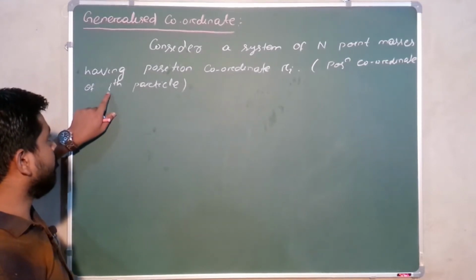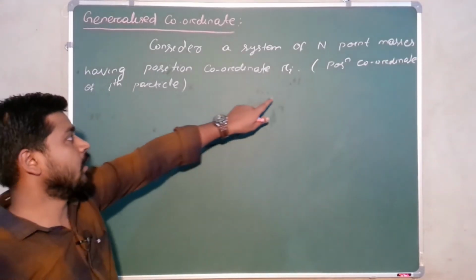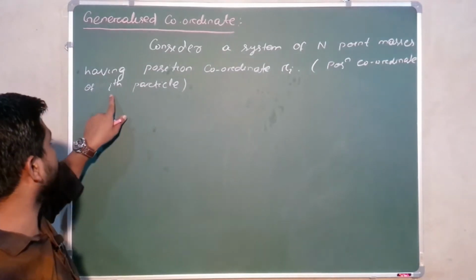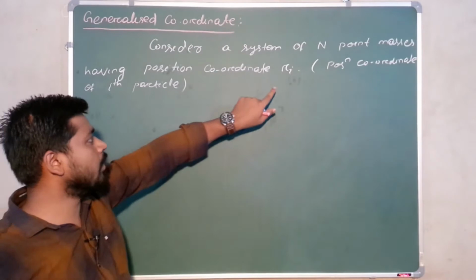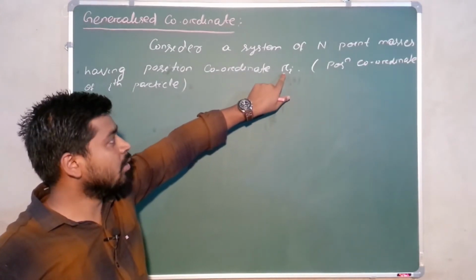In place of i, if we put the first particle, then here you have to put R1. If we put the second particle, then you put R2. If you put the 100th particle, then you have to put R100. This is the position vector.